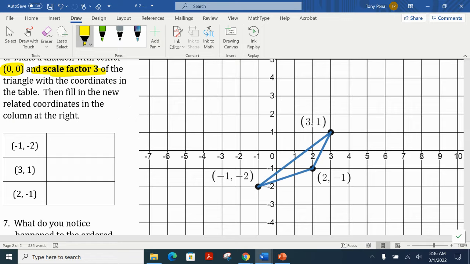Remember how we could change the orientation of everything? You took this fraction, you went up one, right three, so you can go up three, right nine. With the scale factor, we do the same thing: one times three, and then three times three.